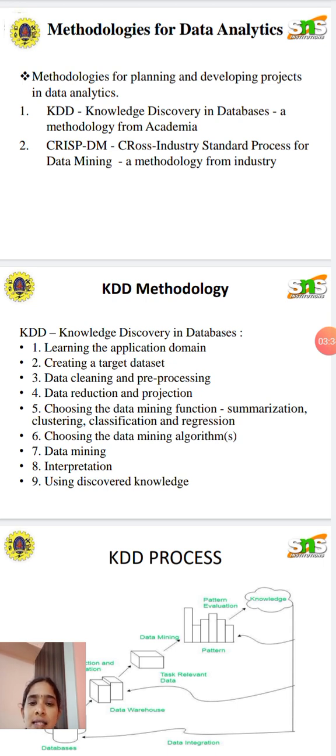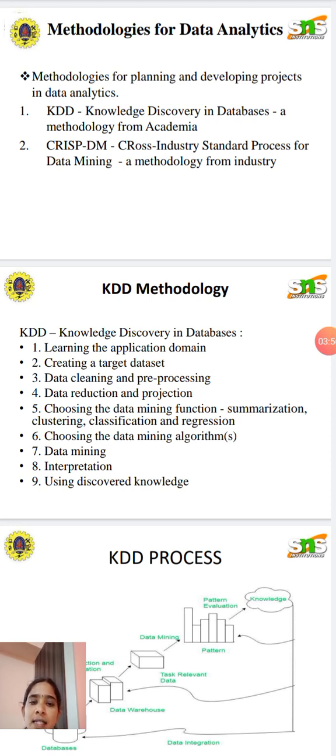Then fourth one is data reduction and projection. In this stage, the quality of data is improved with transformations that involve either dimensionality reduction or transformation, such as converting the values that are numbers into categorical.